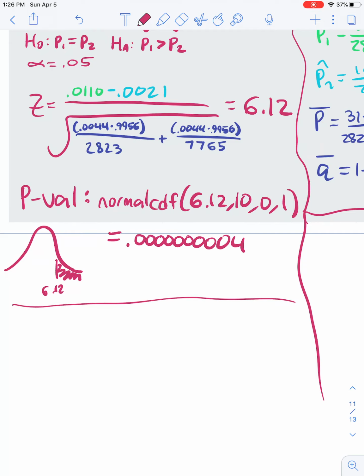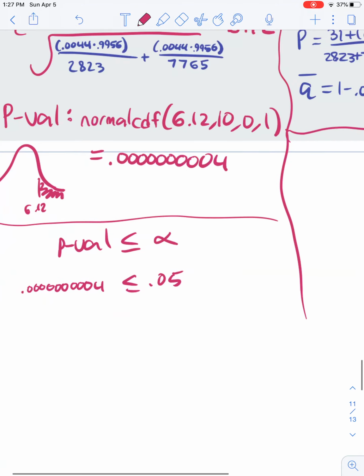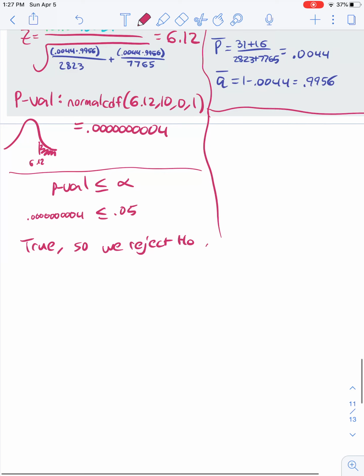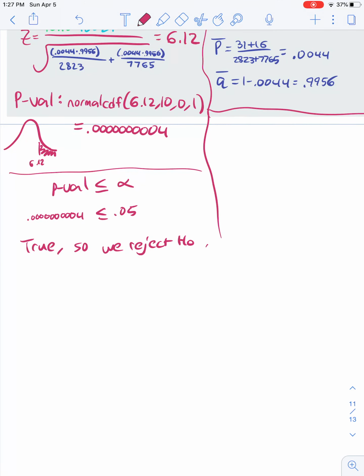Now that we're here, we're going to say p-value, is it less than or equal to alpha? Well, is 0.000 less than or equal to 0.05? Yeah, that's definitely true. So we reject the null. And when we reject the null, we put it into words that the alternative is true.